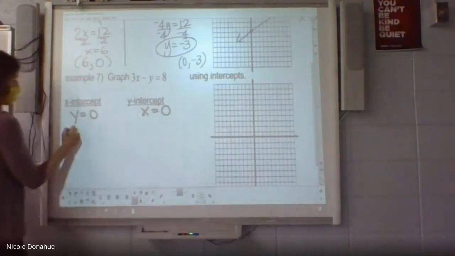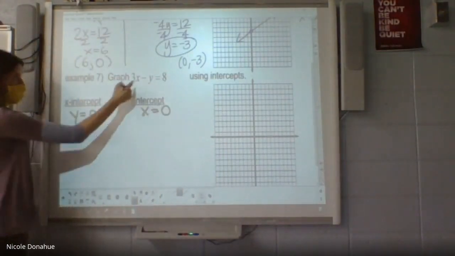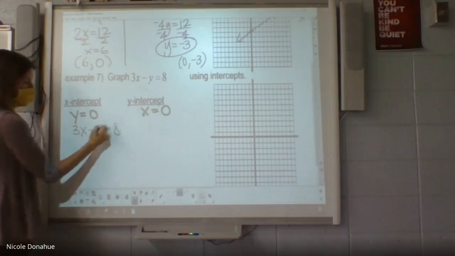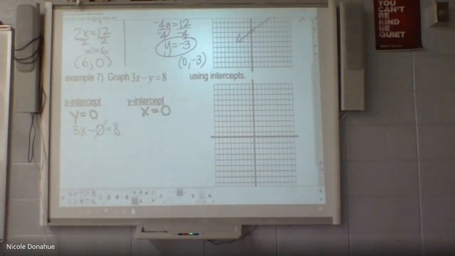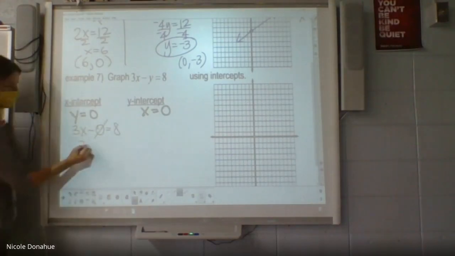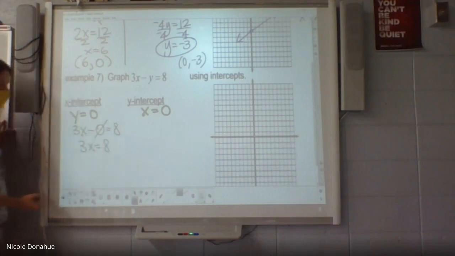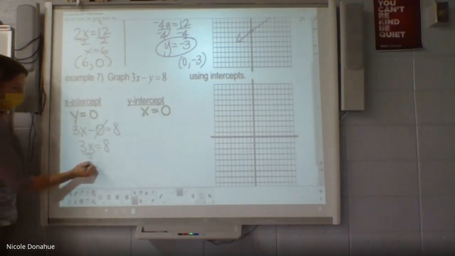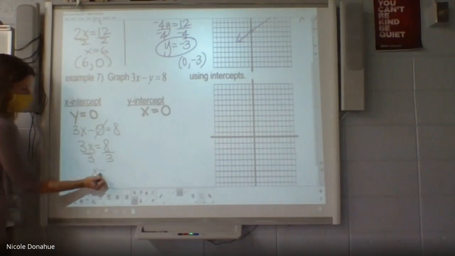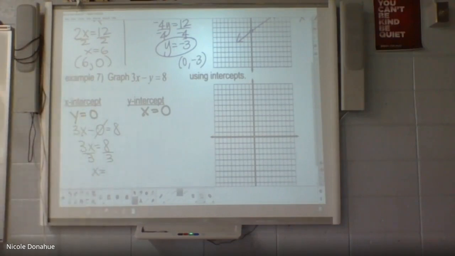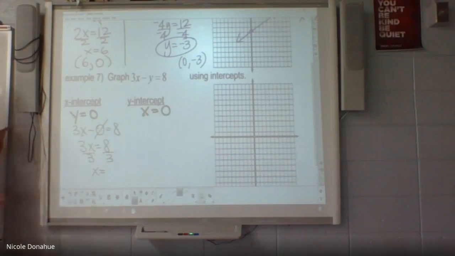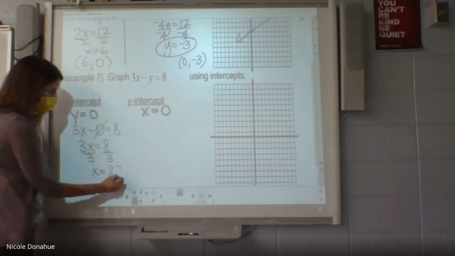So if I put 0 in for y, I have 3x minus 0 equals 8, so that goes away. So 3x equals 8. And this is where a goofy decimal comes into play, because it's going to be a repeating decimal. It's going to be 2.6 repeating, so about 2.7-ish.